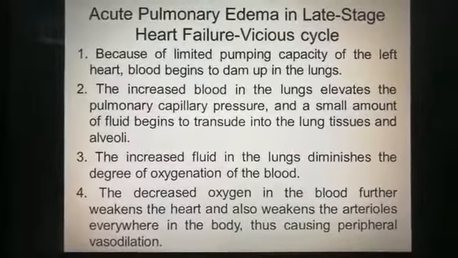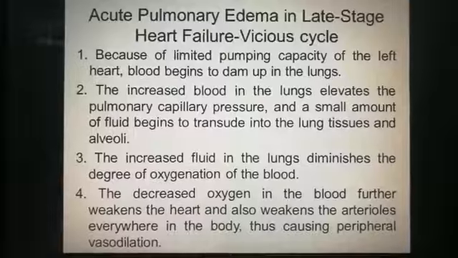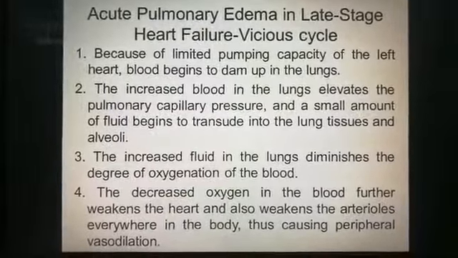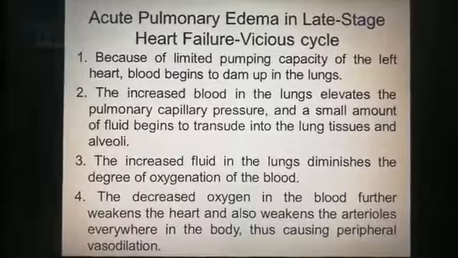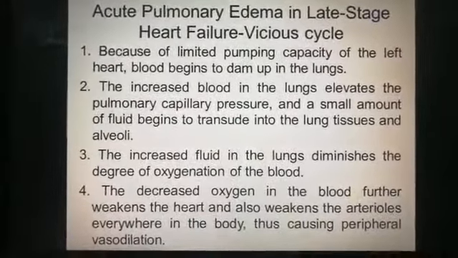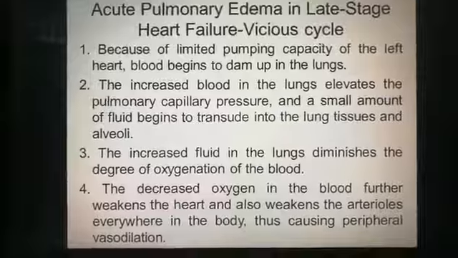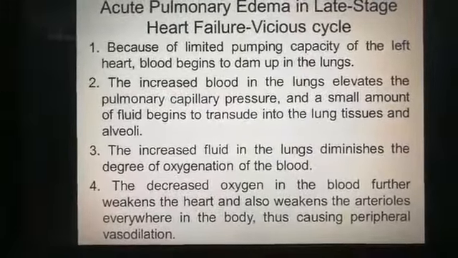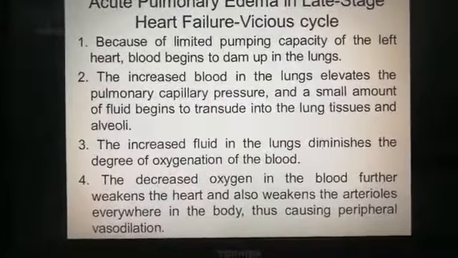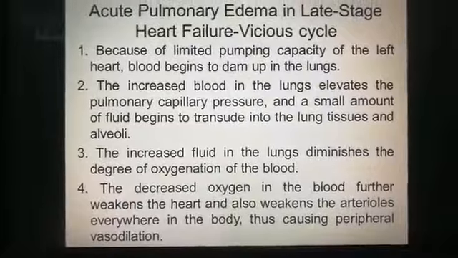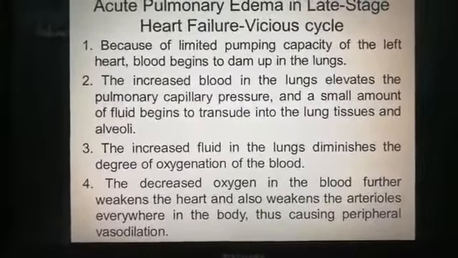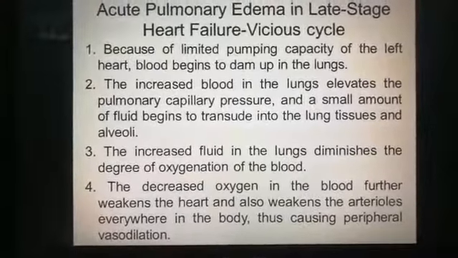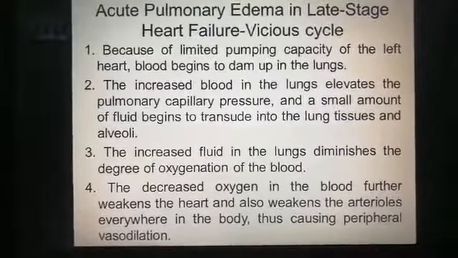Because of limited pumping capacity of the left heart, blood begins to dam up in the lungs. As you know, the left heart has failed and doesn't receive the blood from the lungs, so the blood remains in the lungs. So there is pooling of blood in the lungs. The increased blood in the lungs elevates the pulmonary capillary pressure, and a small amount of fluid begins to transude into the lung tissue and alveoli.